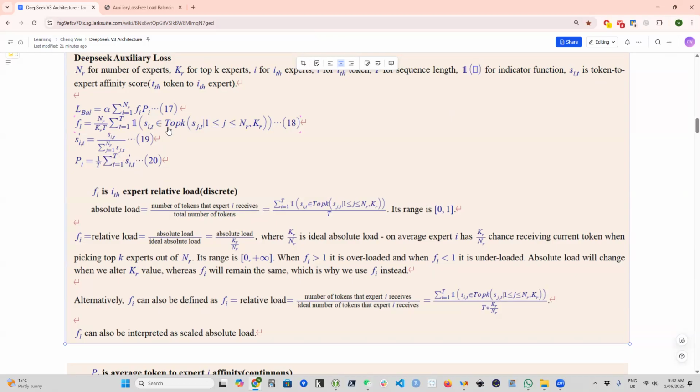Okay. Then top K is picking the top K. So unless your score reaches the top K part, otherwise you will not be picked.